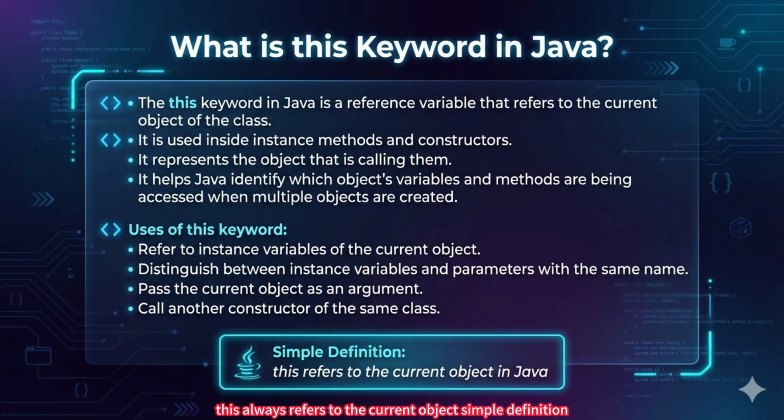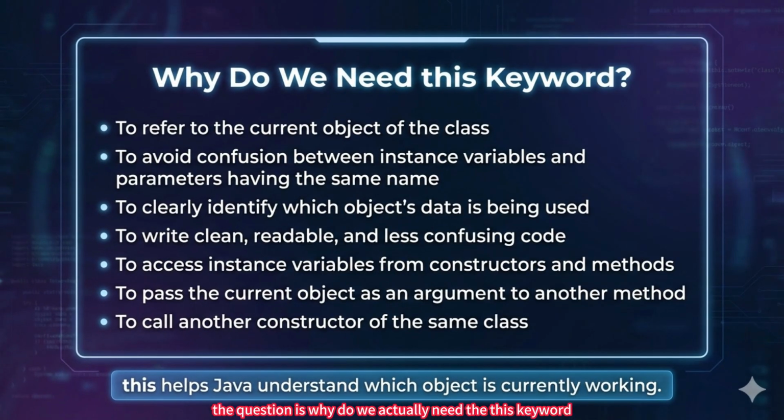Simple definition. You can remember it like this: this refers to the current object in Java. Now the question is, why do we actually need this keyword? To refer to the current object of the class. To avoid confusion between instance variables and parameters having the same name. To clearly identify which object's data is being used.